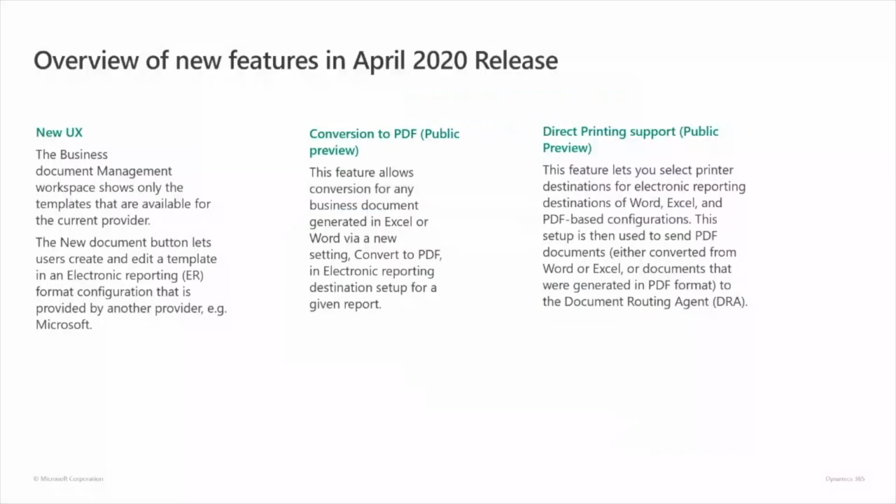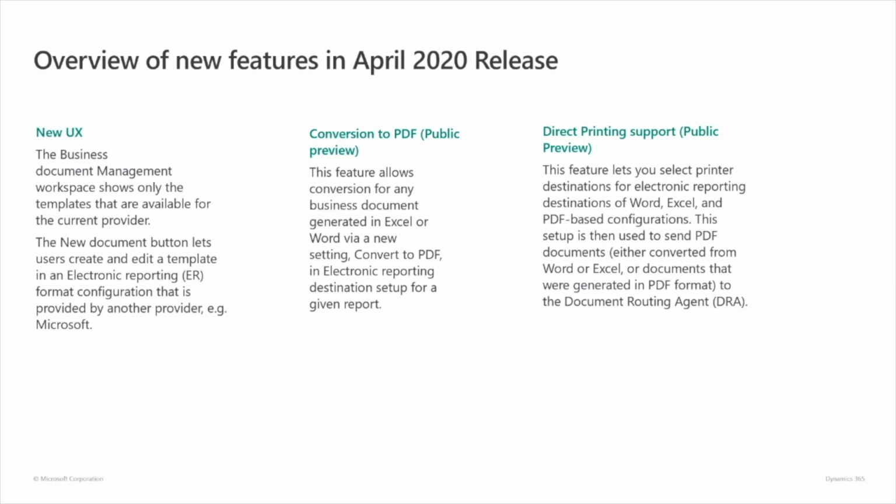Then let's go to the overview of the new functionality for Configurable Business Documents. If you remember, we released business documents in the October 2019 release, but now in April 2020, we are providing quite a lot of additional features.